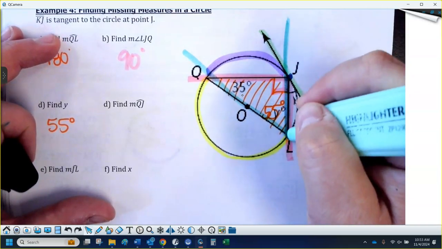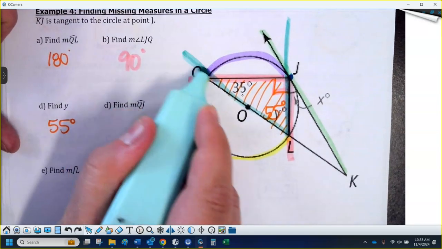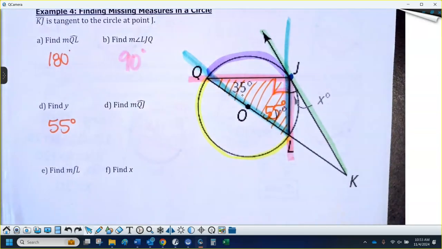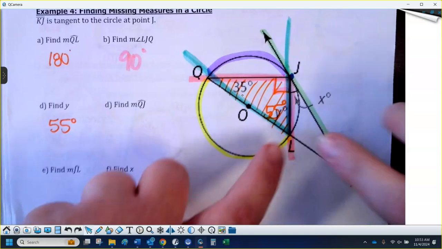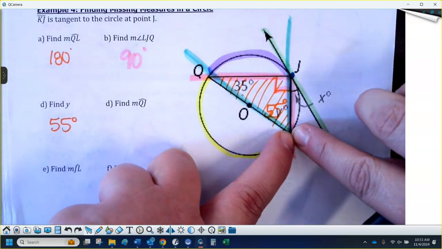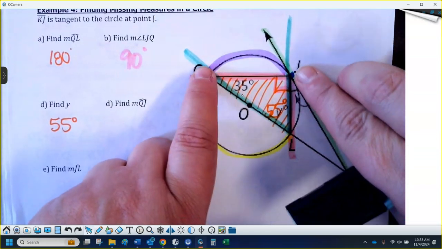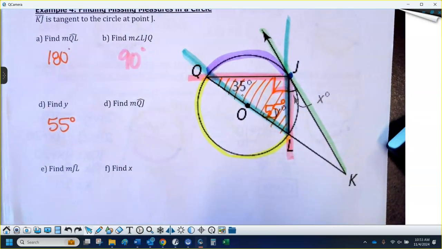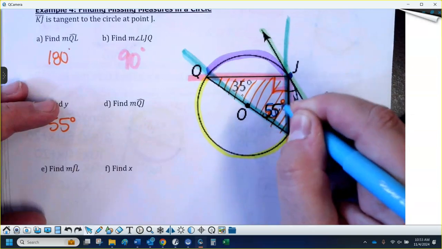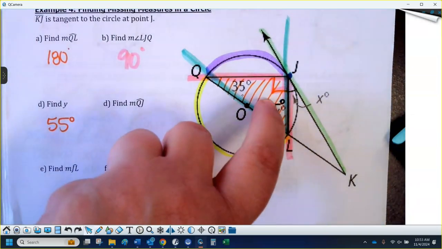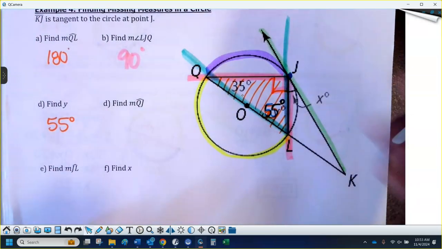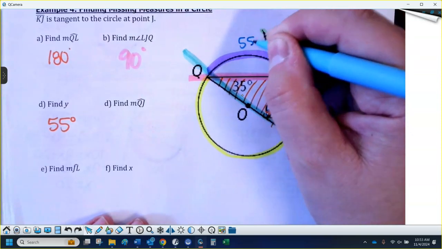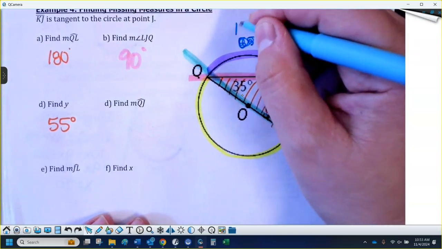That 55 is an inscribed angle that intercepts that arc, right? So here's the angle where the L's at. That's 55 degrees. That runs into QJ. If the vertex is on the circle, to get the arc, I could just multiply that by 2. So if I have the angle, just multiply it by 2. It'd be 110.